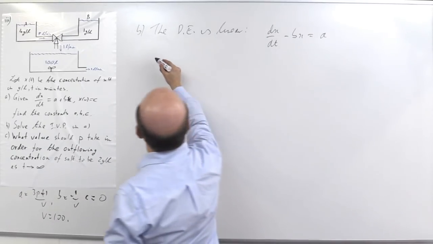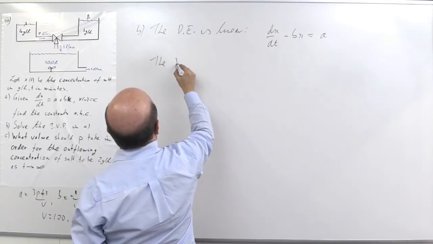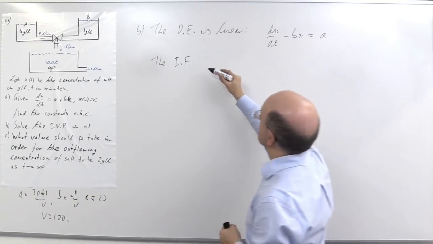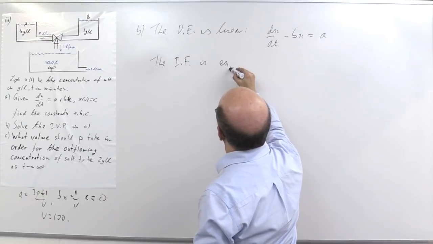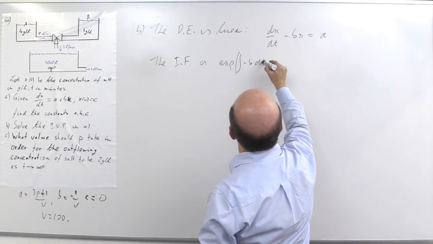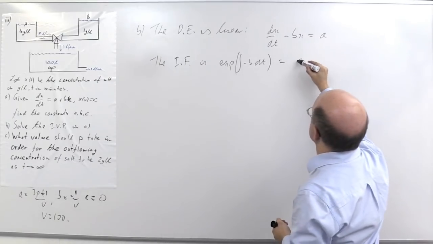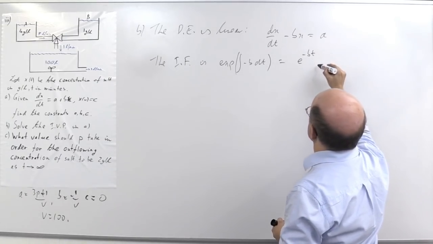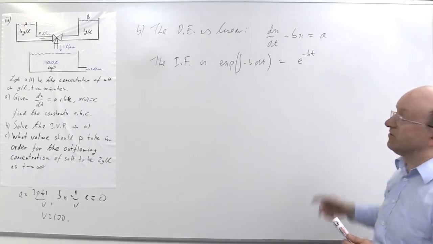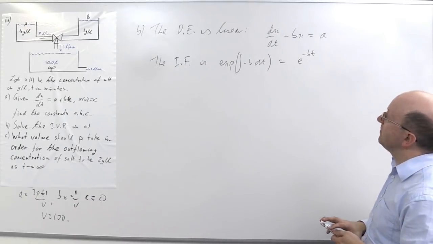Integrating factor, which we'll abbreviate to IF, as is traditional, is again e to the power of the integral of minus b dt, which is just going to be e to the minus b times t. And as in the previous question, we don't put the arbitrary constant in there.